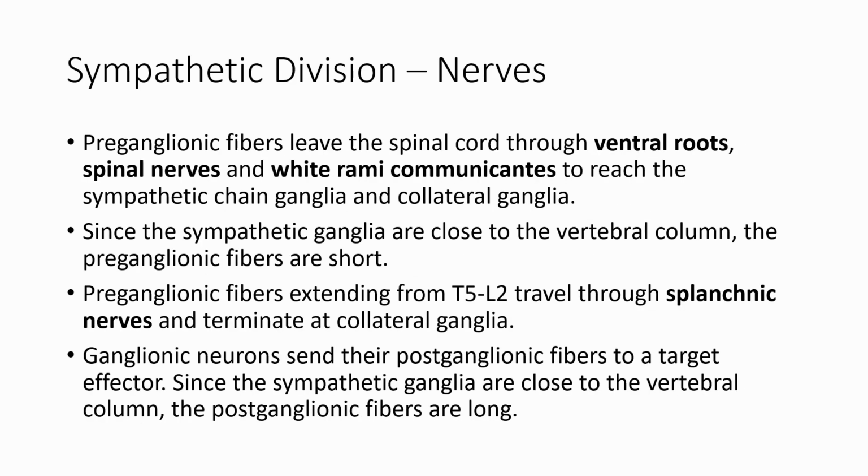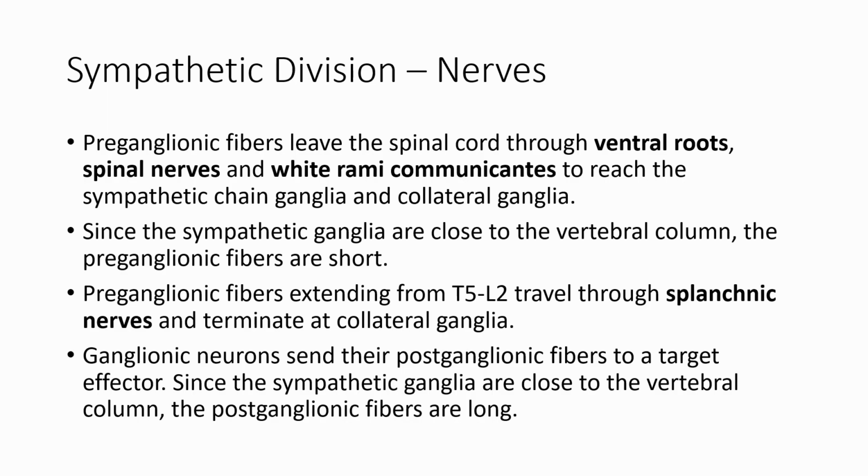So preganglionic fibers leave the spinal cord through the ventral roots, spinal nerves, and the white rami communicans to get to their sympathetic chain ganglia and the collateral ganglia. Since the sympathetic ganglia are close to the vertebral column, the preganglionic fibers are short, right? And so we'll see that in the picture.